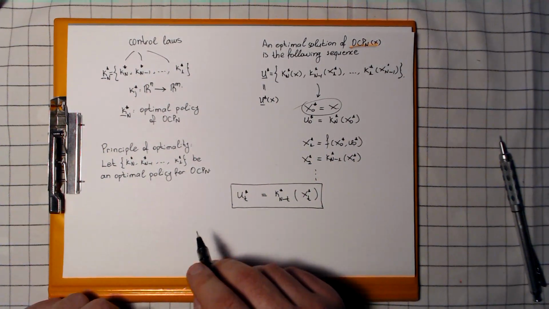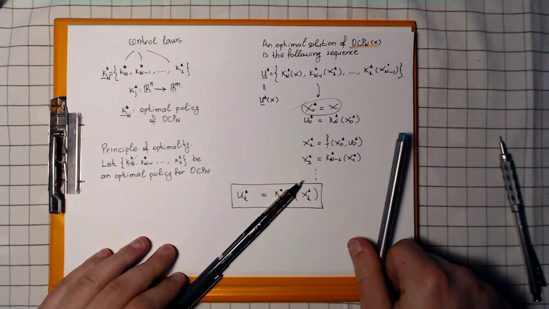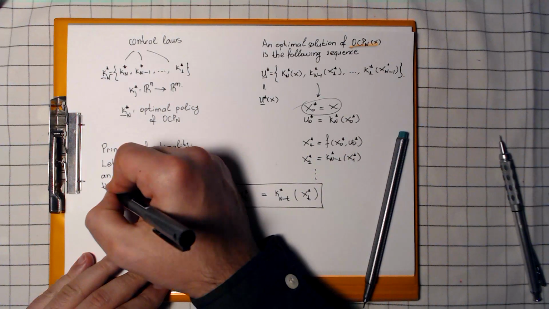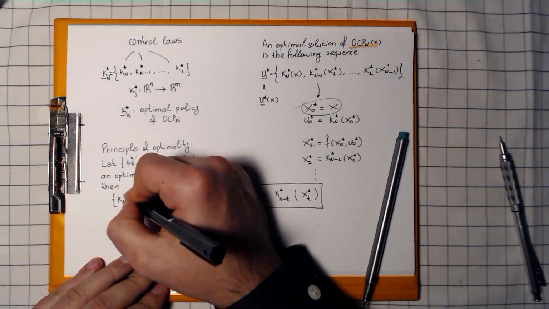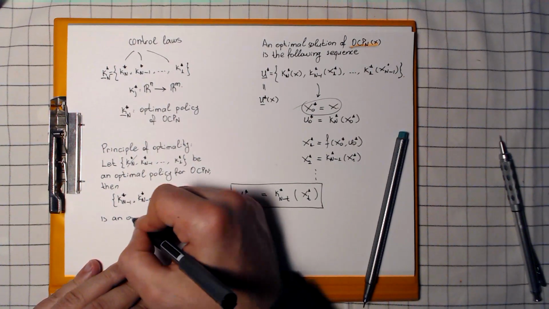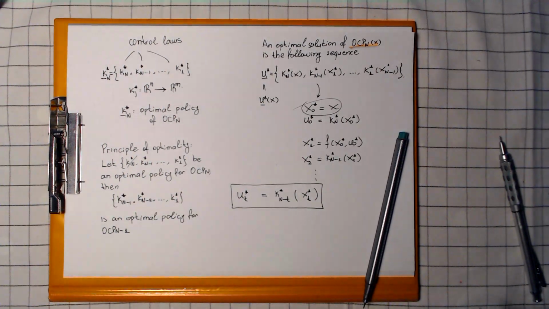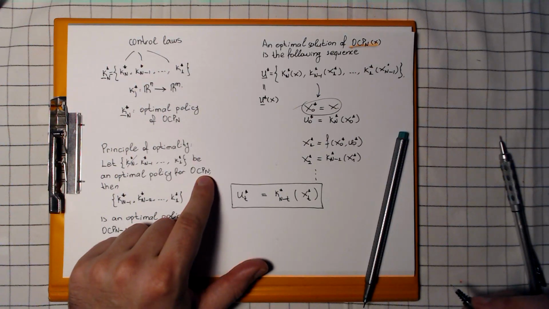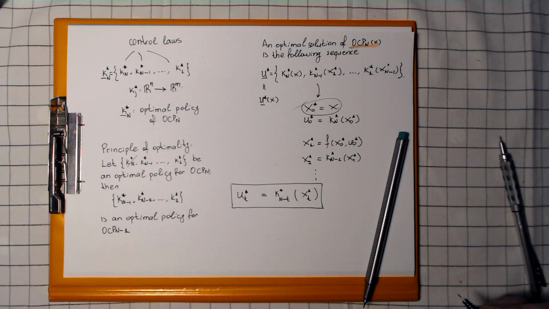If we drop kappa n star, the first one, then the rest, the truncated policy, is again an optimal policy for OCP n-1. So if you know how to solve the problem with horizon n, you also know how to solve the problem with horizon n-1, n-2, and so on.